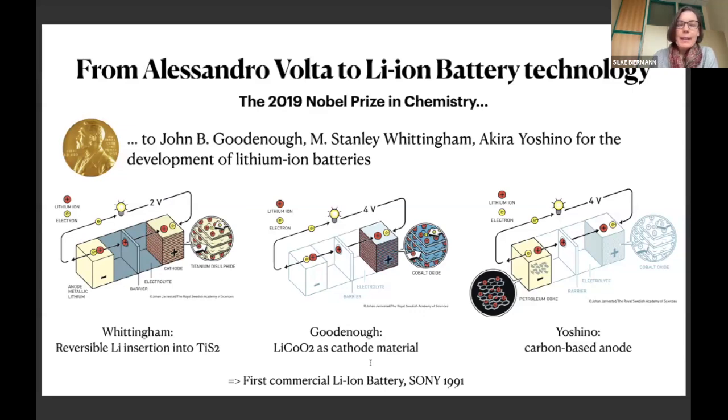However, the true commercialization of the lithium-ion battery at that stage was still hampered by the use of metallic lithium as the anode, and that posed serious safety issues due to dendrite formation, which could be solved when Akira Yoshino in Japan, the third Nobel Prize winner, proposed a carbon-based anode that could get away from these problems. And that led in 1991 to the first commercial lithium-ion battery commercialized by Sony.